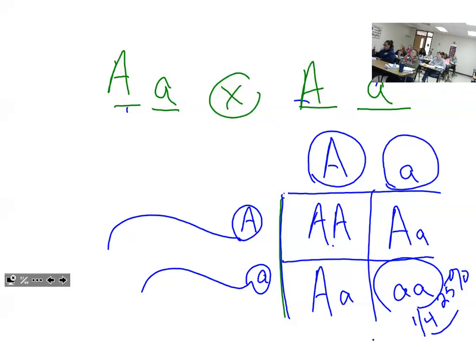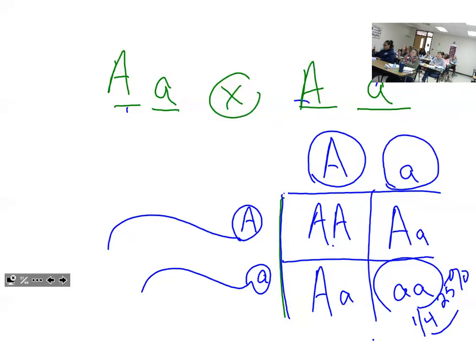What would be the probability that their child would be a carrier? Because 2 out of the 4 are carriers. What's the probability that their child would be perfectly normal, no carrier, no disease? 25%. Are you good with this?